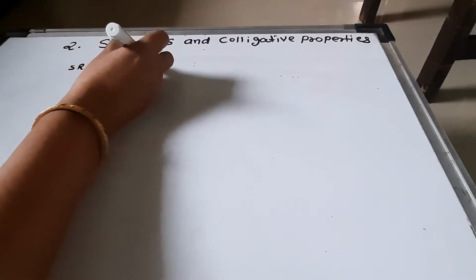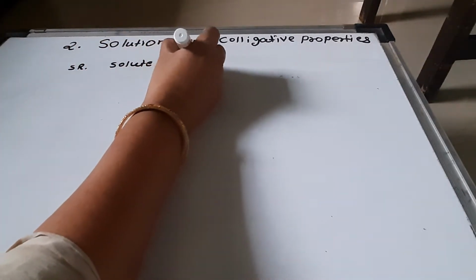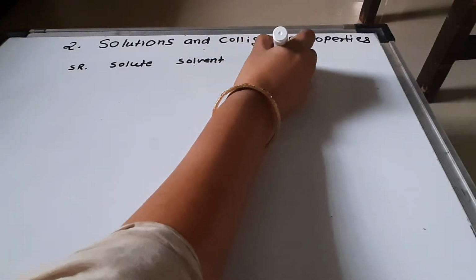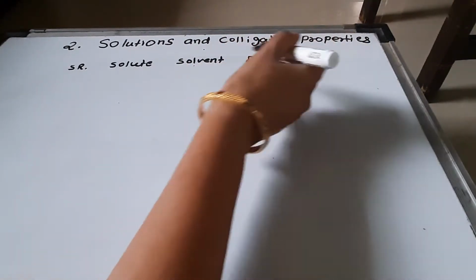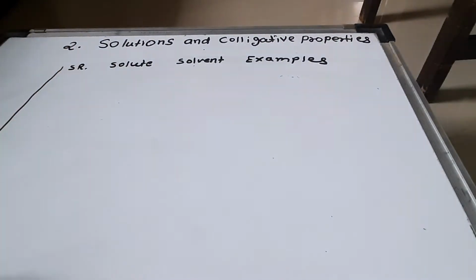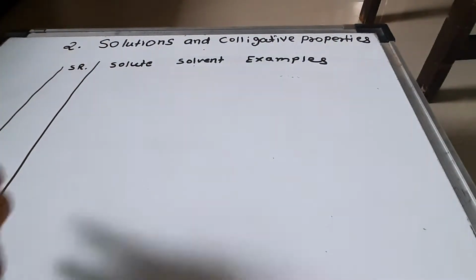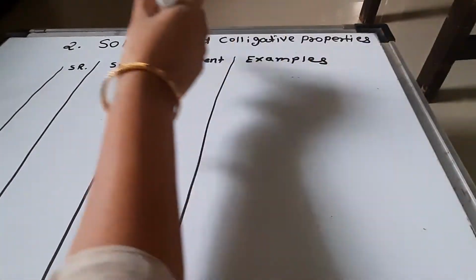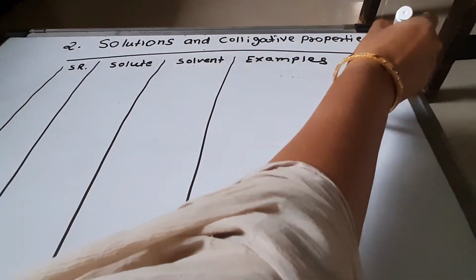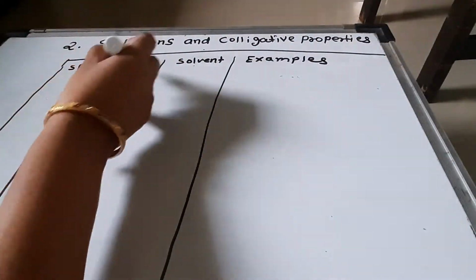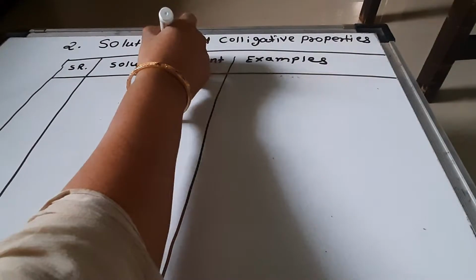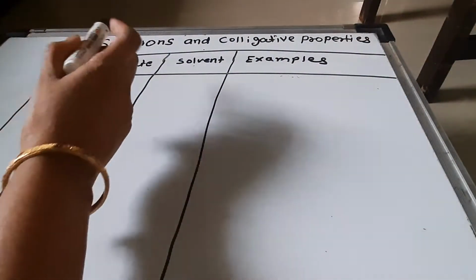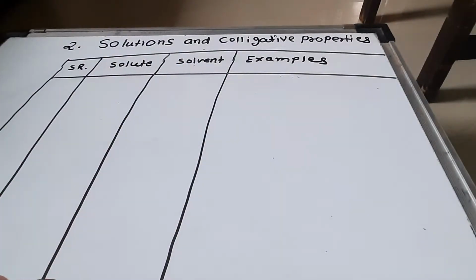First is serial number, then solute, solvent and examples. These are the 9 types of solutions according to the states of matter. There are 3 states of matter: solid, liquid and gaseous, and according to them the solutions are of 9 types.